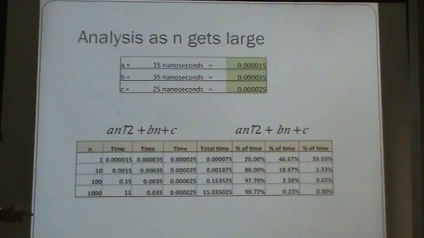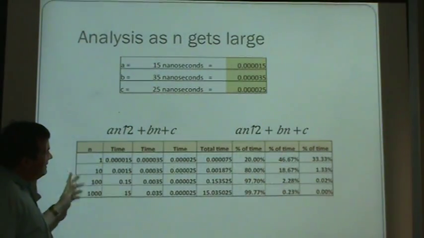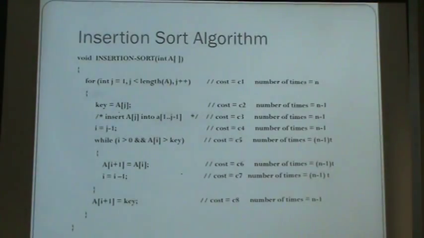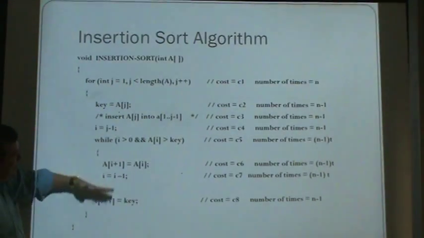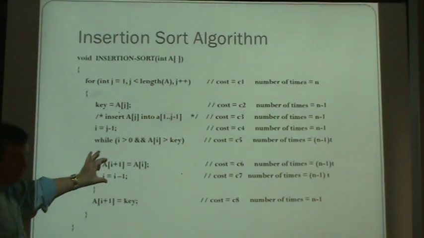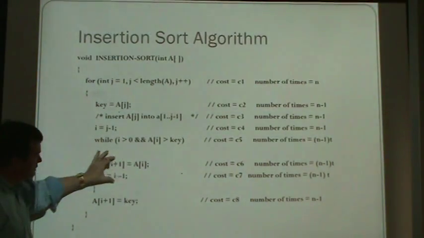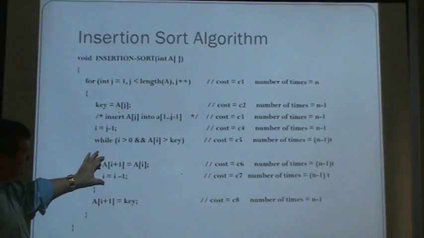So we want to come up with a bookkeeping method where we can tie this algorithm to the idea that when n becomes very, very large, this part is going to dominate all the time we spend on it.